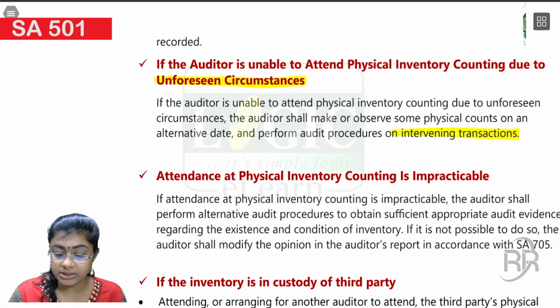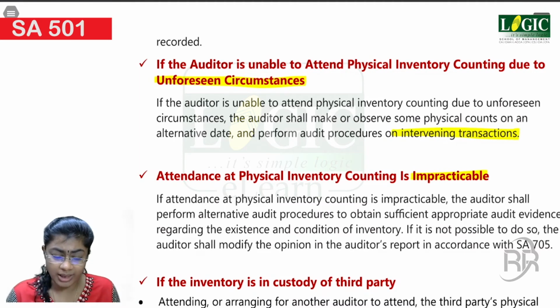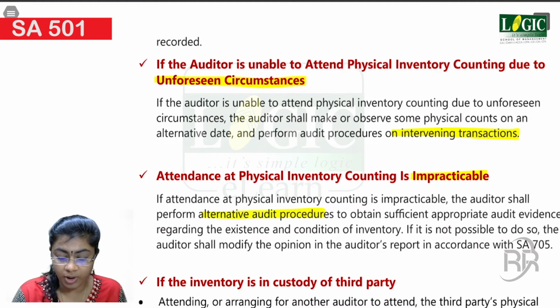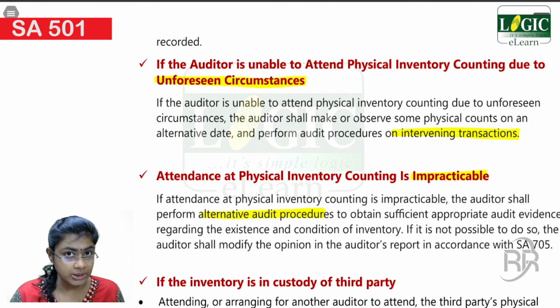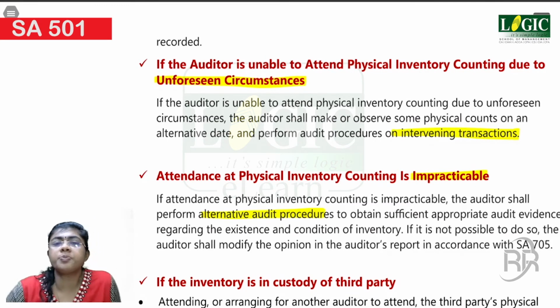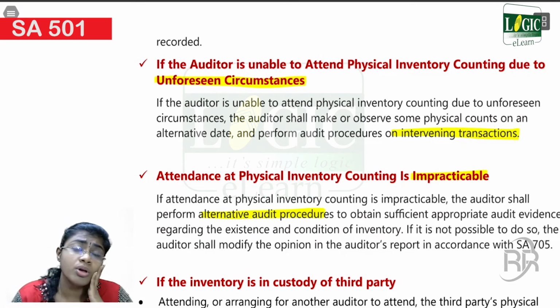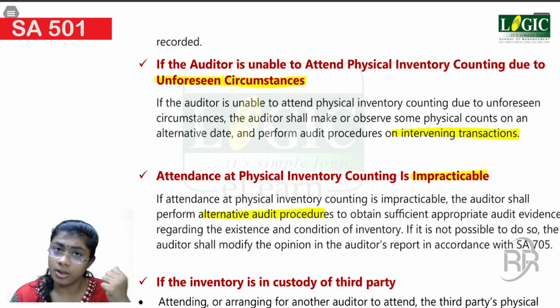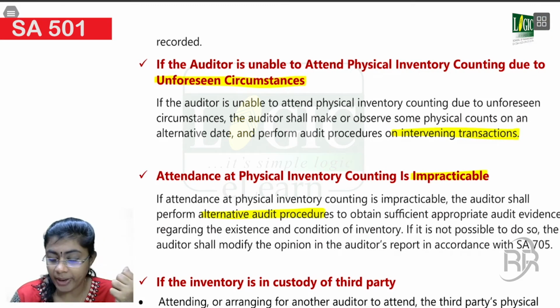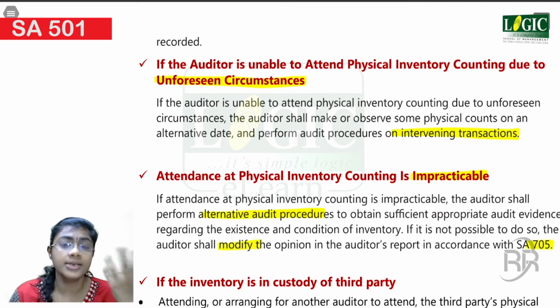In some cases, inventory counting is impracticable. In such cases, you should perform alternative procedures, and still you are unable to obtain evidence even after performing alternative procedures. Come on, you are not able to obtain. Then use your weapon. What will you do? You will modify the opinion as per SA 705.